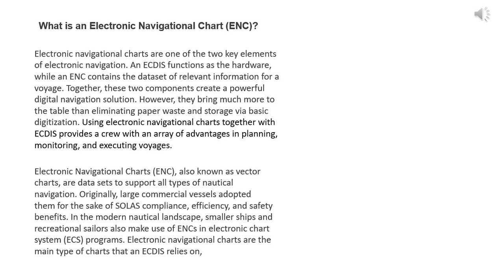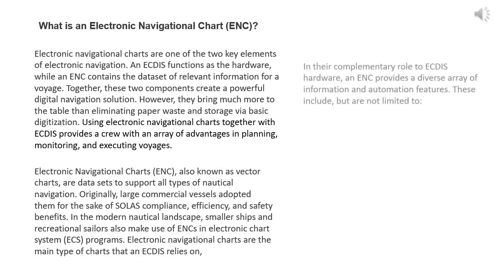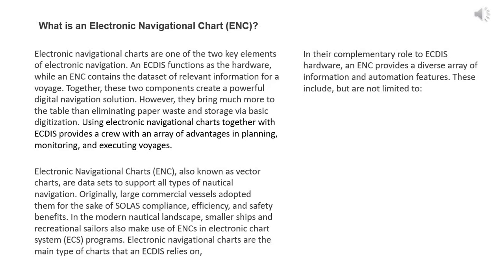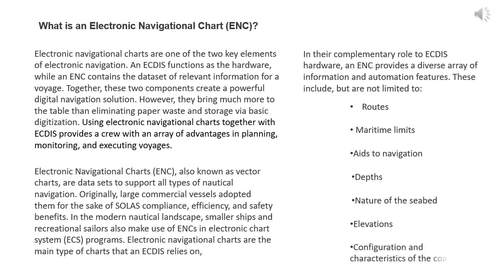Electronic navigational charts are the main type of charts that an ECDIS relies on. In their complementary role to ECDIS hardware, an ENC provides a diverse array of information and automation features. These include, but are not limited to, routes, maritime limits, aids to navigation, depths, nature of the seabed, elevations, configuration and characteristics of the coast.